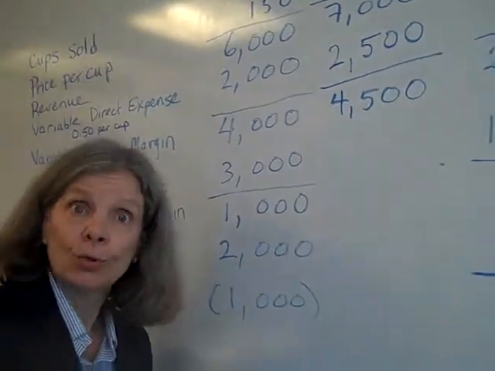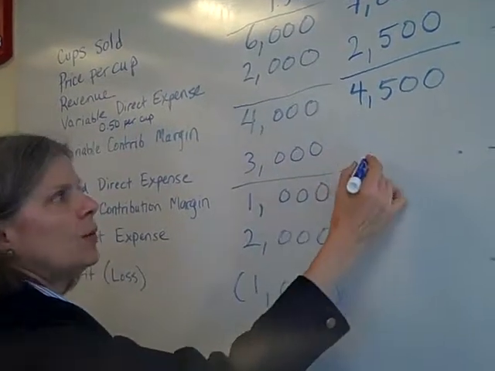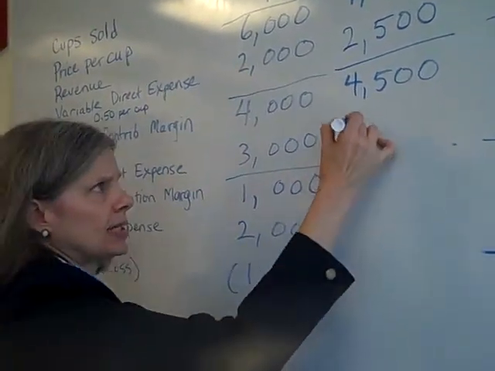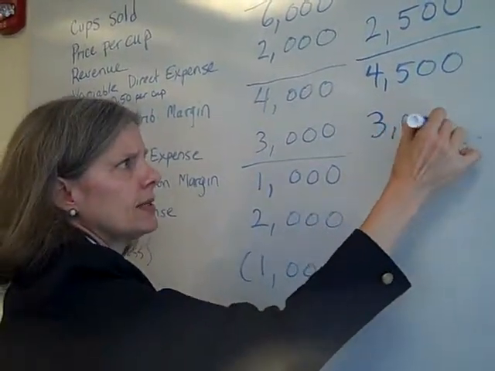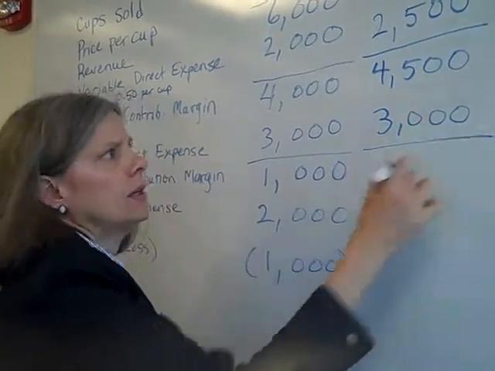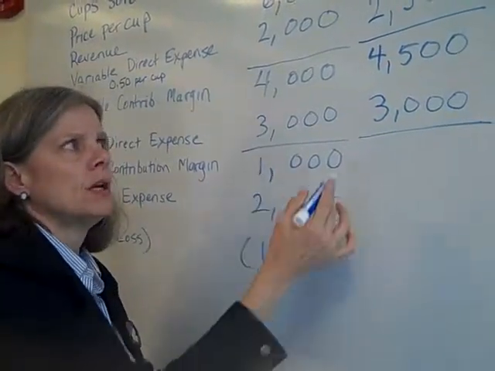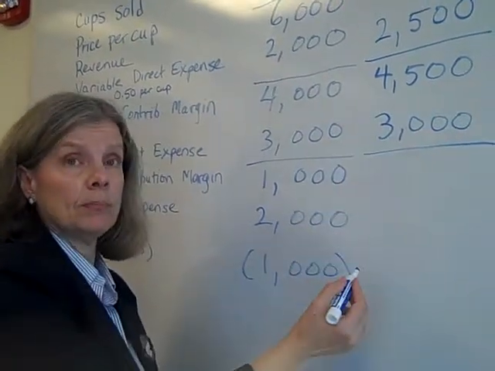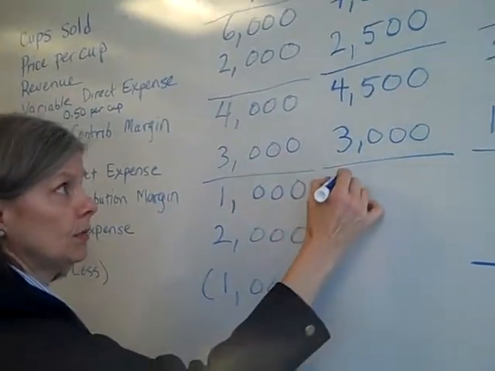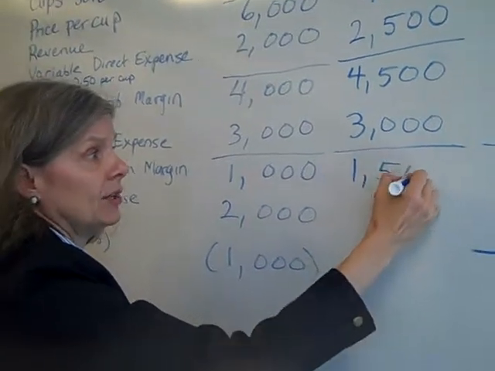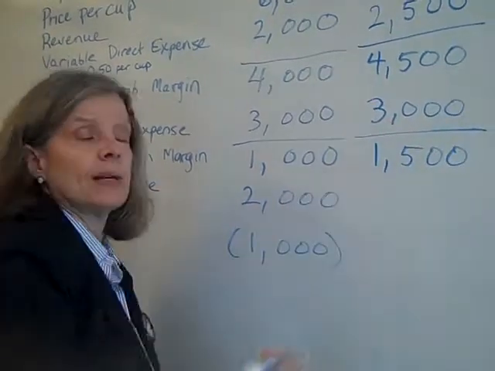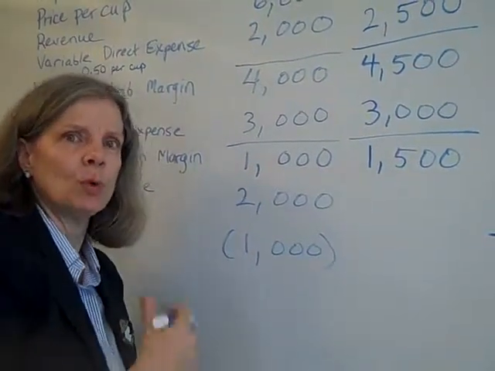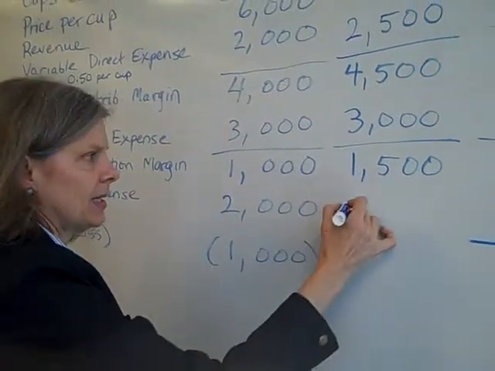That's a positive number. We're happy. We have our same fixed direct expense, no change. That's our assumption that we can do this within our existing structure. So when we subtract our fixed direct expense from our variable contribution margin, we get 1,500. That's a positive number. Again, we're happy. We're contributing to our indirect expense.